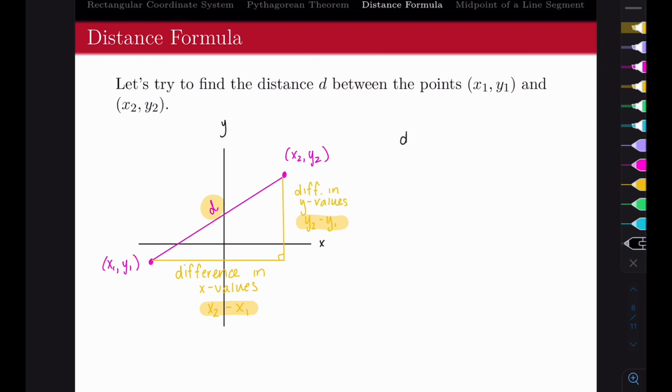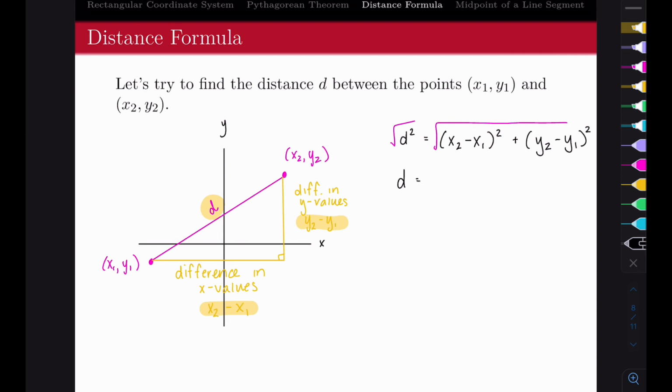So using our Pythagorean theorem, the hypotenuse squared is the one side squared plus the other side squared. Okay? And then you just want the distance on its own, so just like we did in the last example, you take the square root. So I take the square root on this side, and I take the square root on this side.